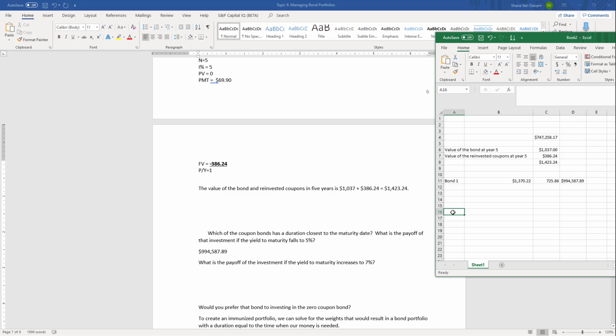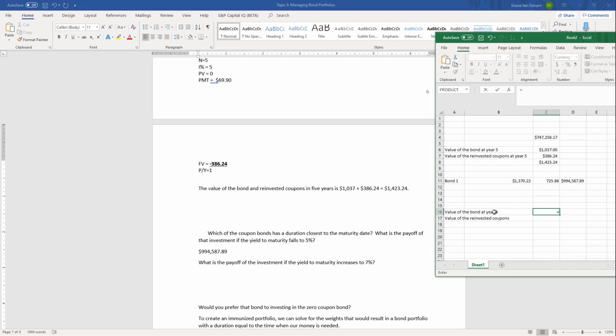So here's the answer. The value of the bond at year 5. This one's pretty easy because this bond matures in 5 years. So the value of the bond at the end of that period, I don't have to do any calculations. It's $1,000. I'm just going to demonstrate it to you.